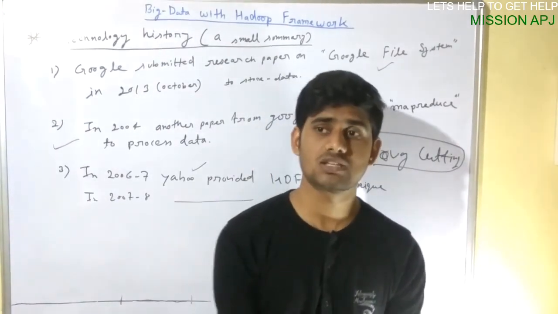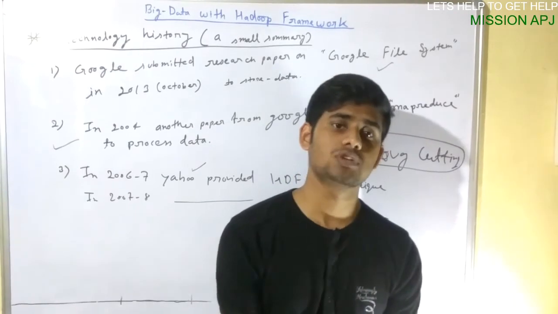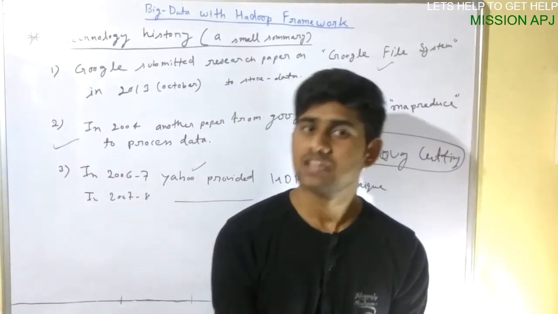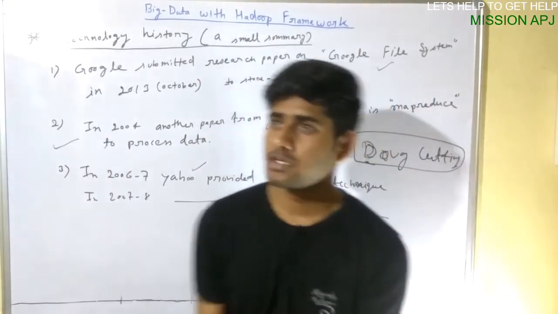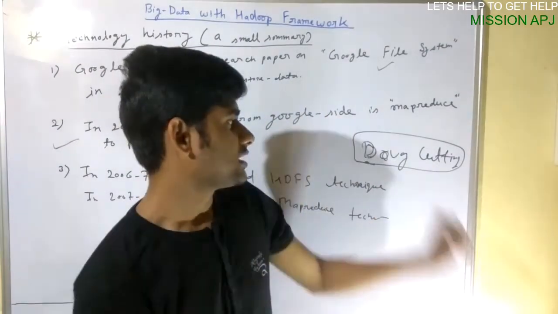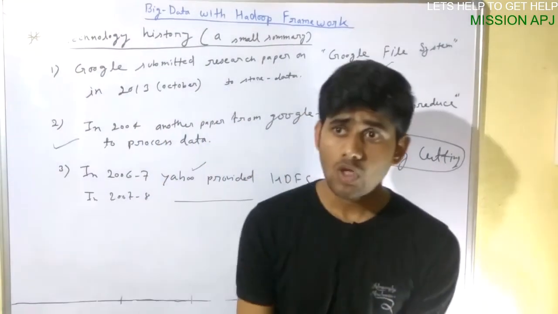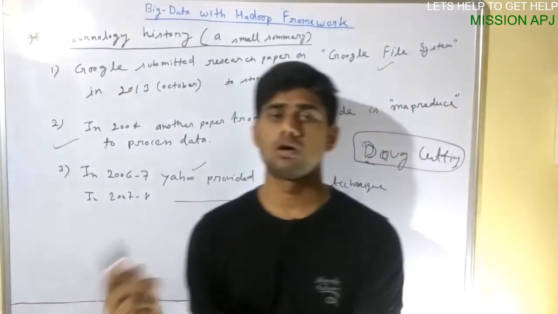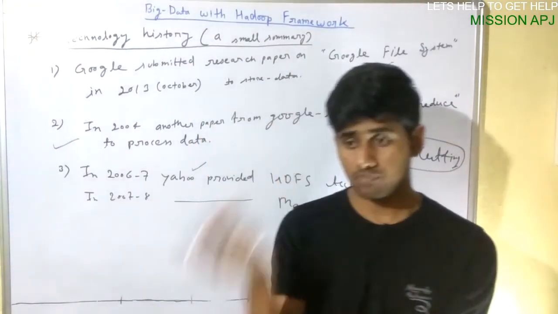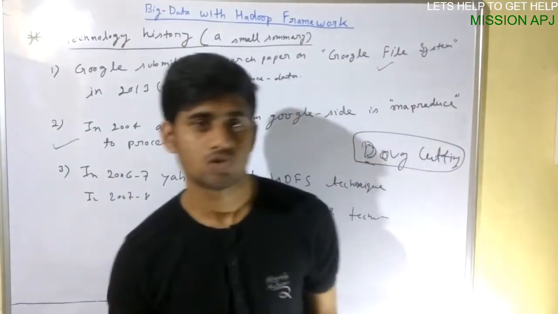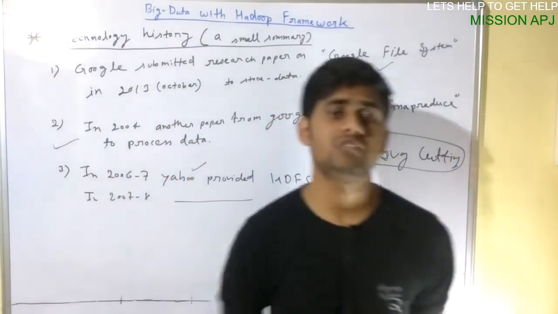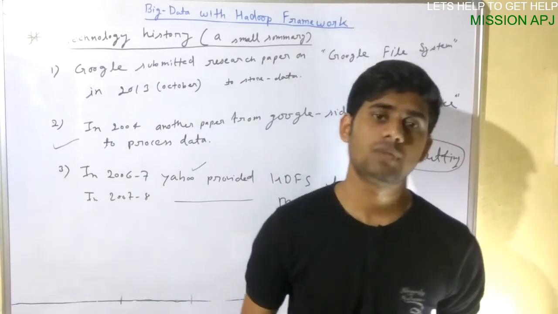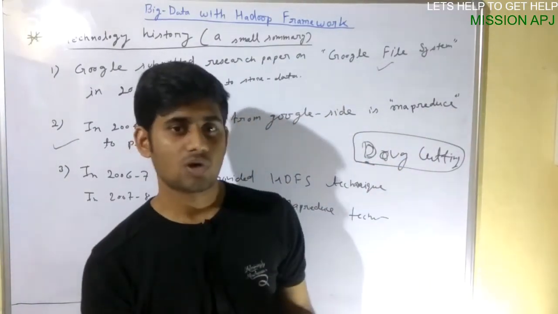Now it is a very interesting story how the Hadoop symbol, the elephant, came into play. Doug Cutting was the man who saw his child playing with an elephant toy. By that recognition, the elephant was taken as the symbol for Hadoop.